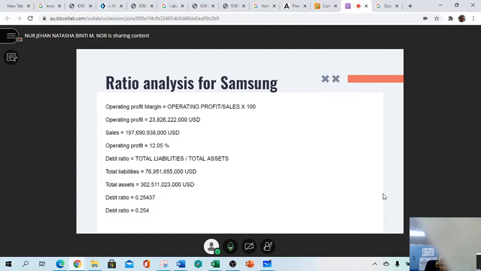Okay, to find the debt ratio, divide total liabilities by total assets. The total liabilities are 76,951,655,000 USD. The total assets are 302,411,23,000 USD.